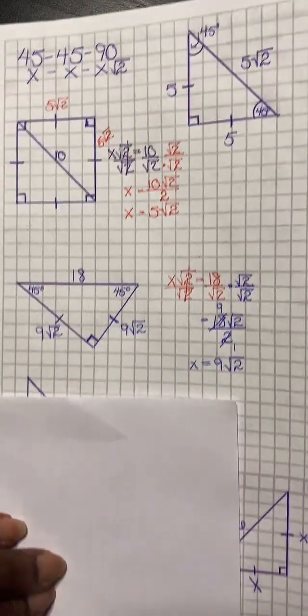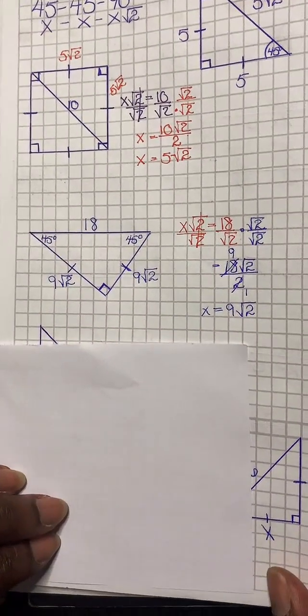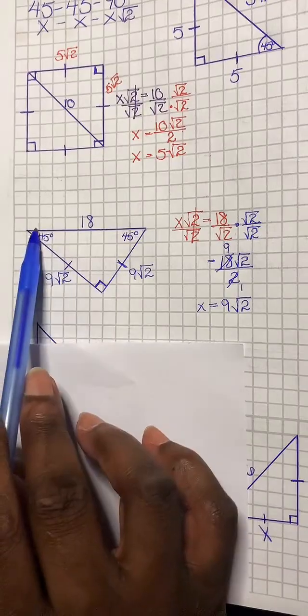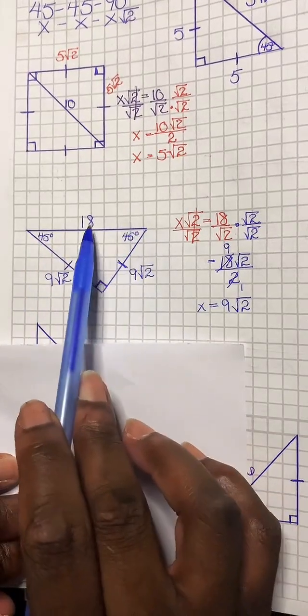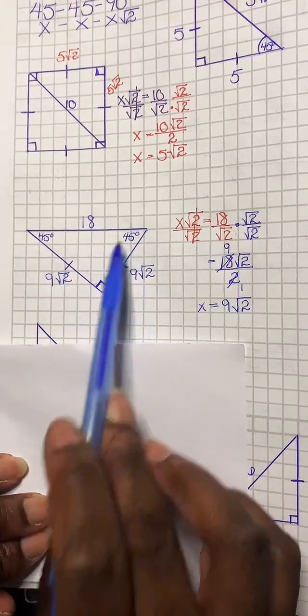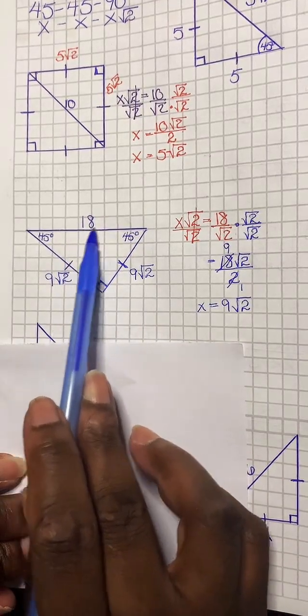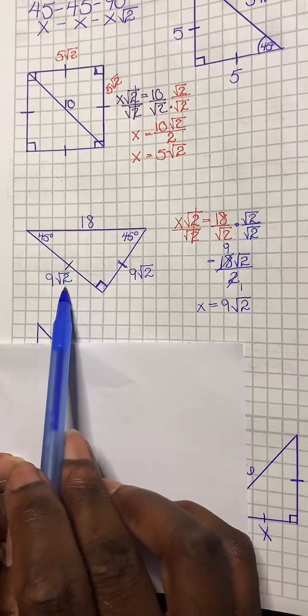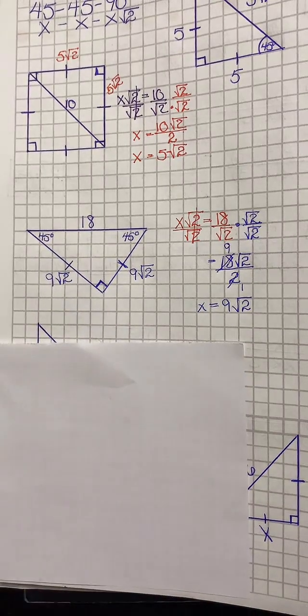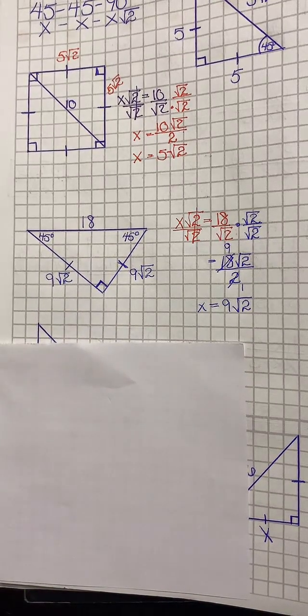Will that happen every time? Yes, it will. So if they give you the hypotenuse, and it's a 45, 45, 90 degree triangle, you can take half of your hypotenuse and multiply by the square root of 2. It will work each and every time.